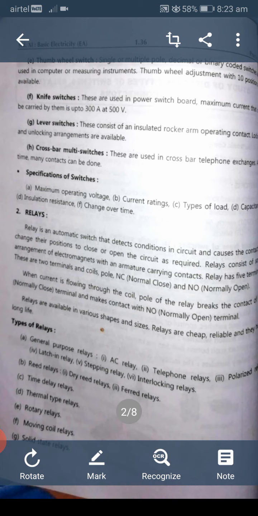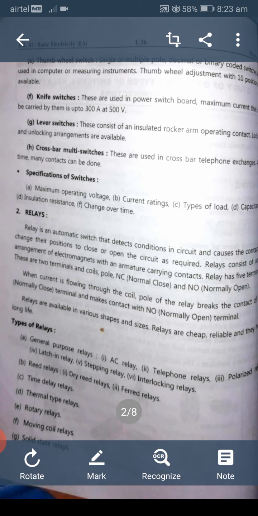Thumb wheel switches. Single or multiple pole, decimal or binary coded switches are used in computers or measuring instruments. Thumb wheel adjustment with 10 positions is available.